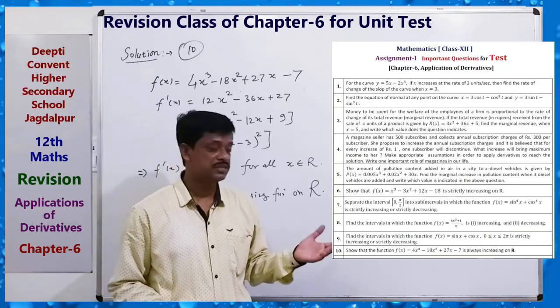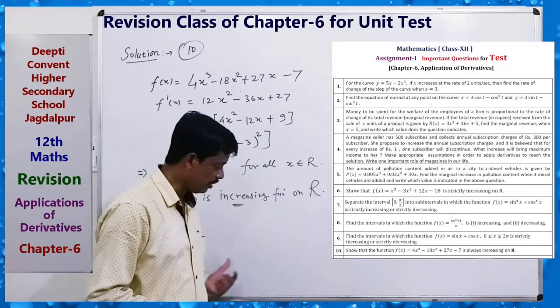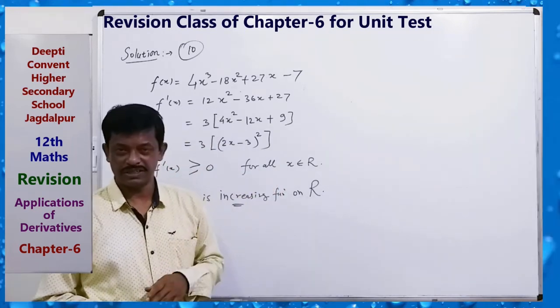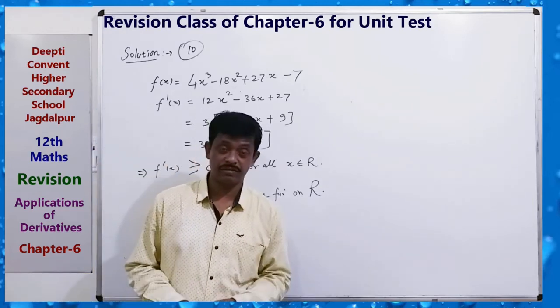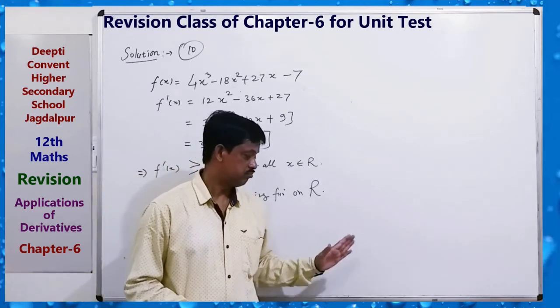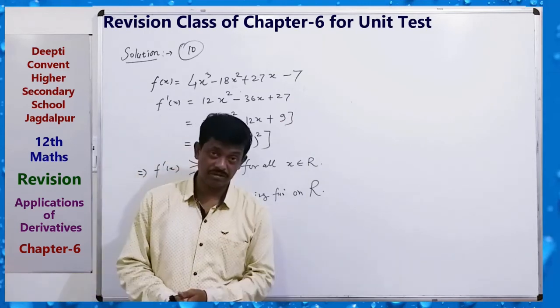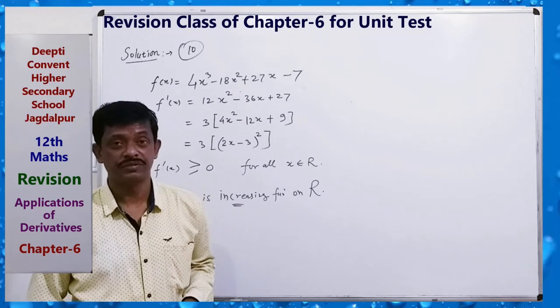The double derivative test means finding the first derivative equal to 0, taking the points, then finding the second derivative and checking its sign. If the second derivative is less than 0 then maximum, greater than 0 then minimum. So try to solve some questions, and in the next lecture I will revise some of the questions also.